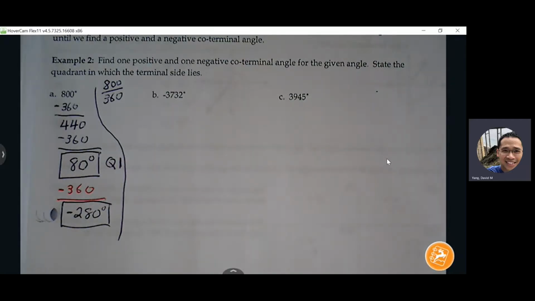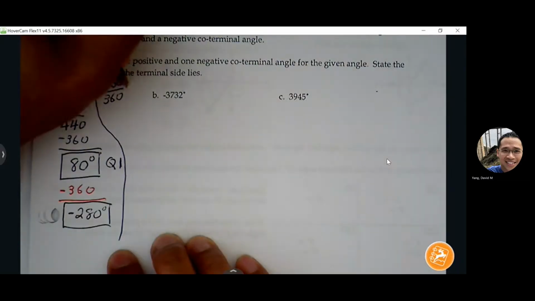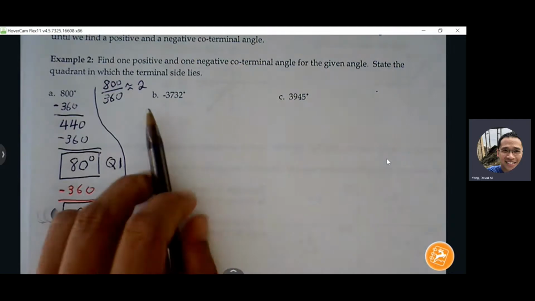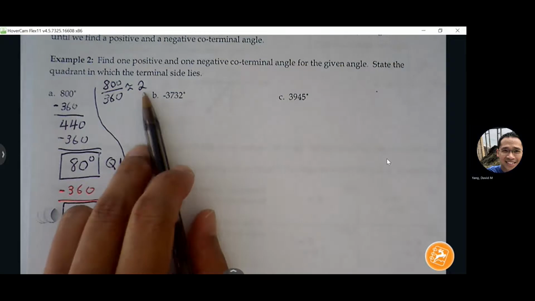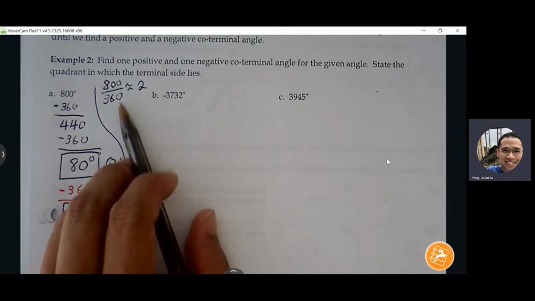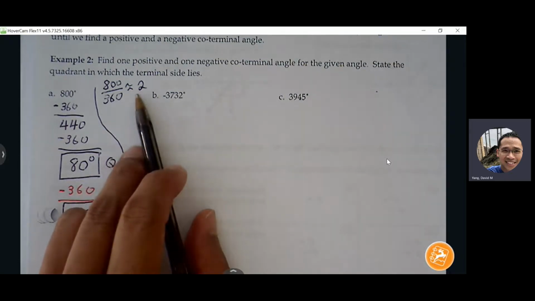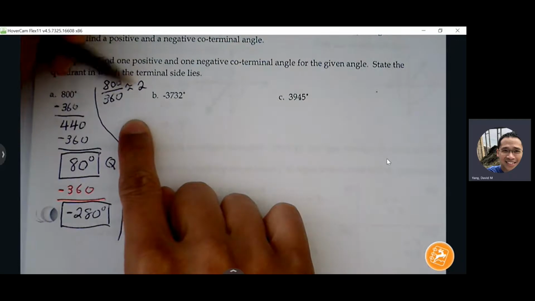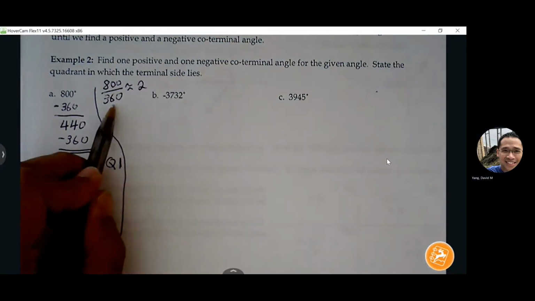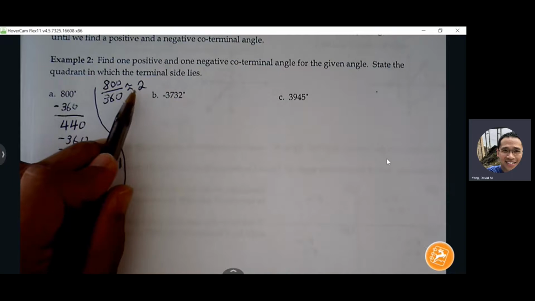So what's 800 divided by 360? 2.2, right? So really, the important thing is to understand that it's around 2 rotations. So if I do 2 times 360, it gives me an idea, it'll speed up the process. I don't have to subtract that many times, especially if I just know that it's around 2 rotations out.